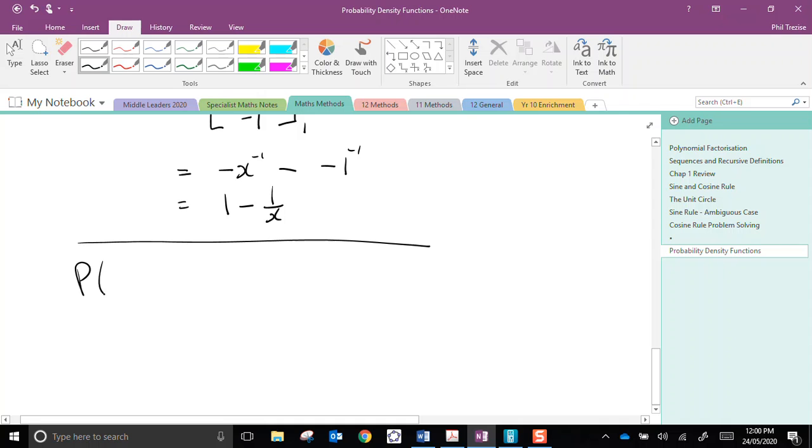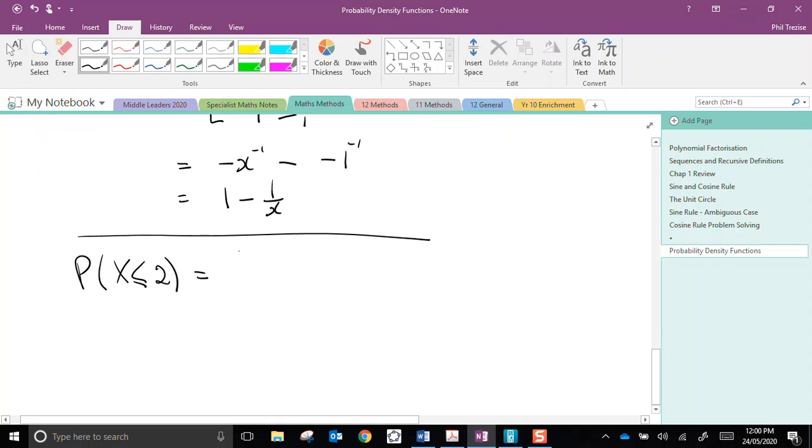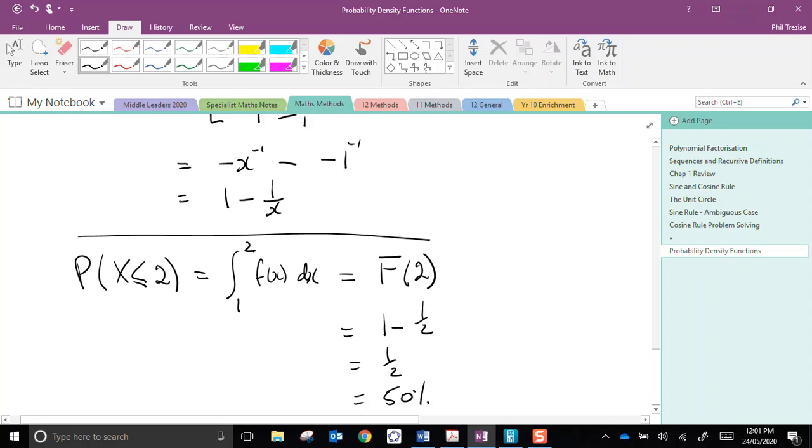So the probability that x is less or equal to 2 is exactly, that's the integral from 1 to 2 of my original function. But isn't that just the primitive function of 2? That's why we worked out the primitive function. That's 1 minus 1 over 2, or that's 0.5, 50%.